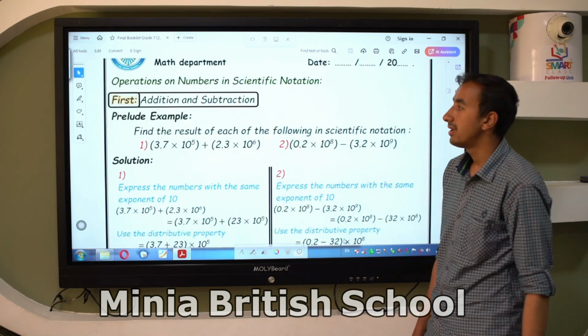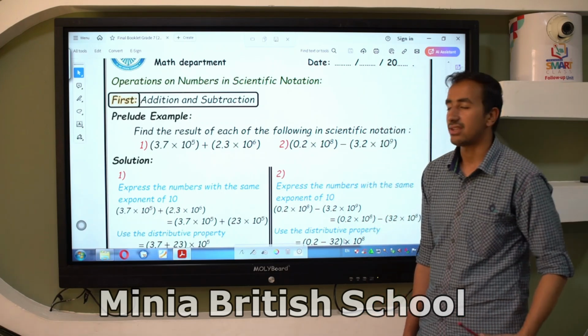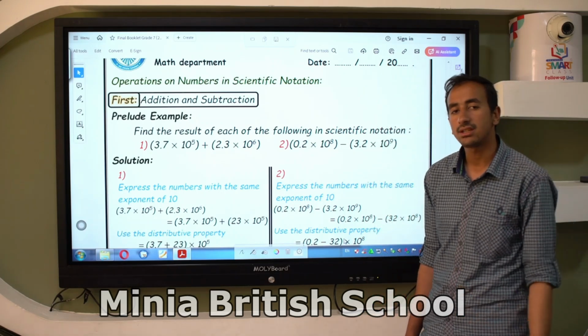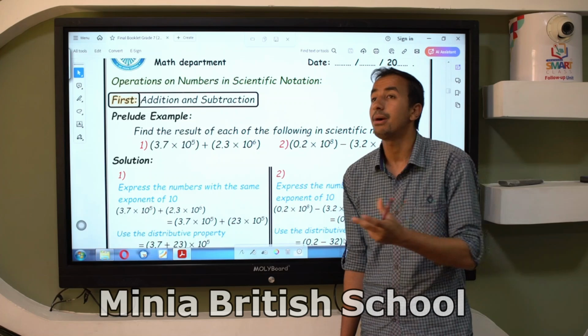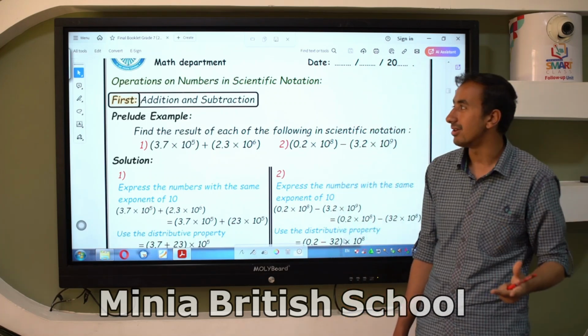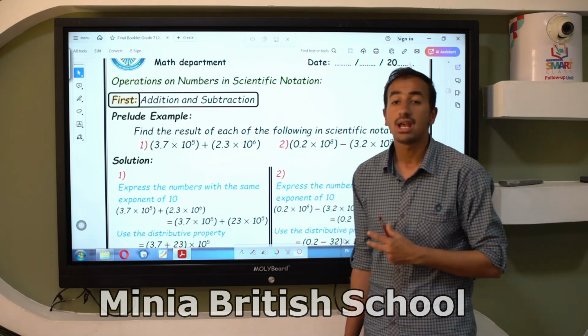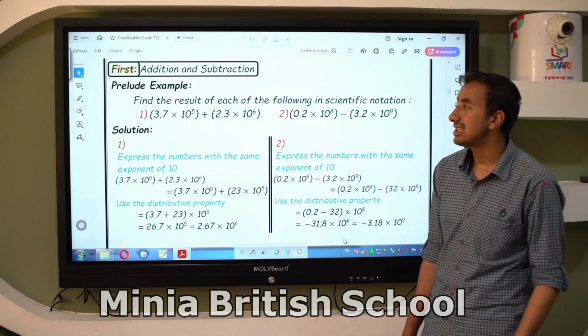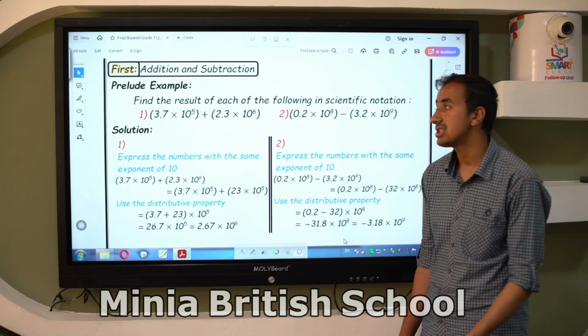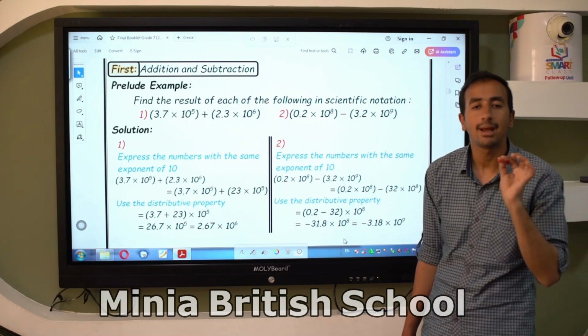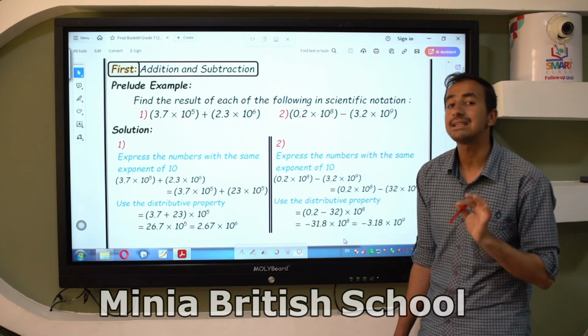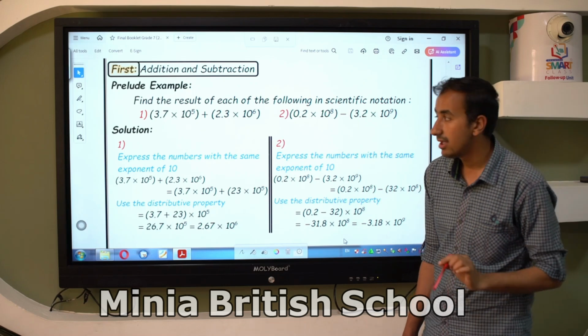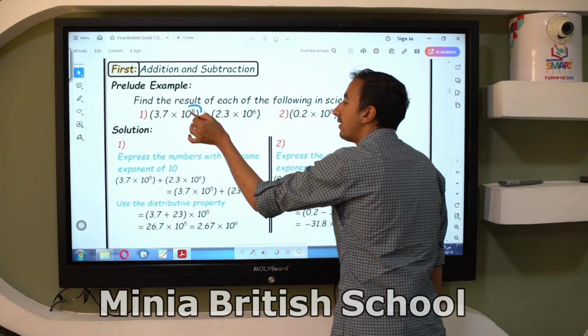Now, operations in scientific notation: operations on numbers in scientific notation are addition, subtraction, multiplication, and division. First, addition and subtraction. If you have addition or subtraction, you must make the power of 10 the same. Here we have 10 to the power 5 and 10 to the power 6.